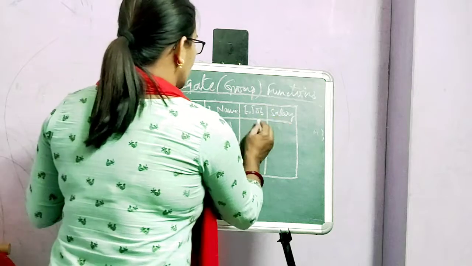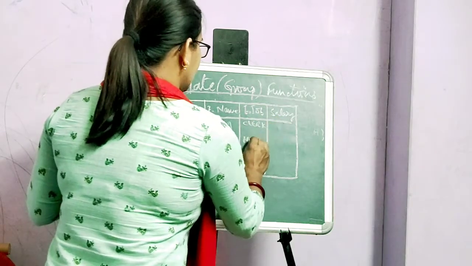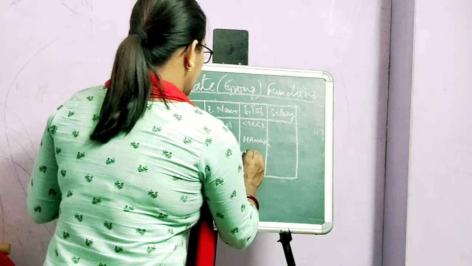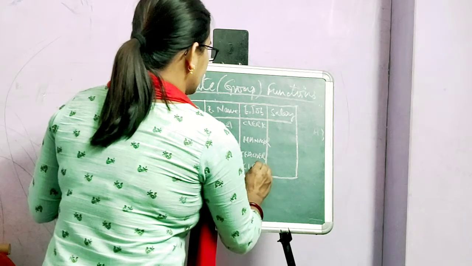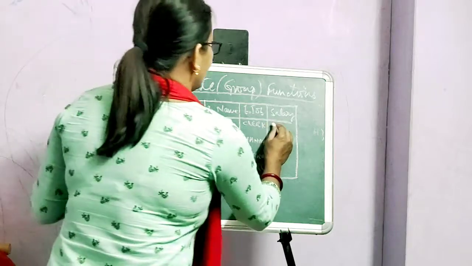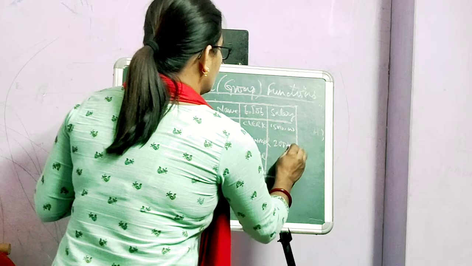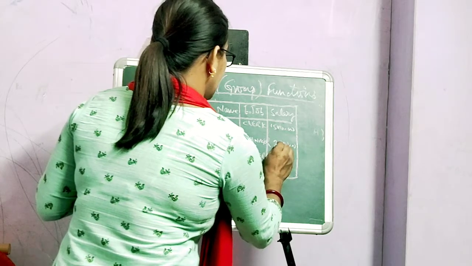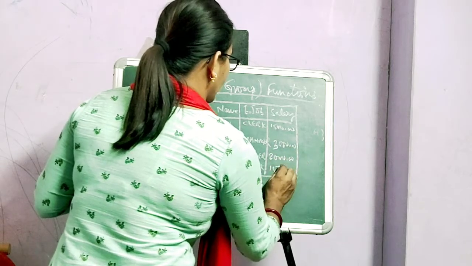Now job here, suppose clerk, manager, here it is teacher, here again it is clerk. Salary, give here 1500, here 2000, here again 3000, here 2000, and here 1500.